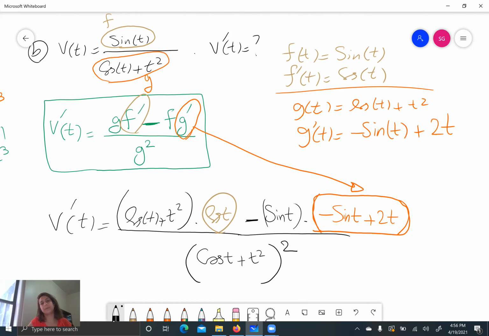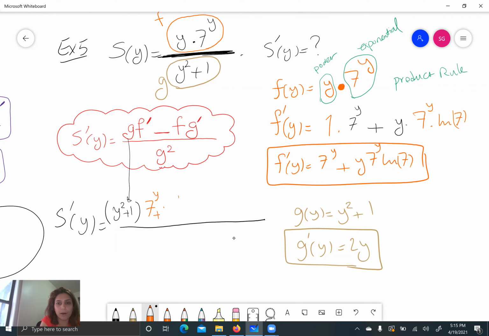So what is g? G is y squared plus 1. What is f prime? We just got f prime right here. So it's 7 to the y plus y times 7 to the y natural log of 7.